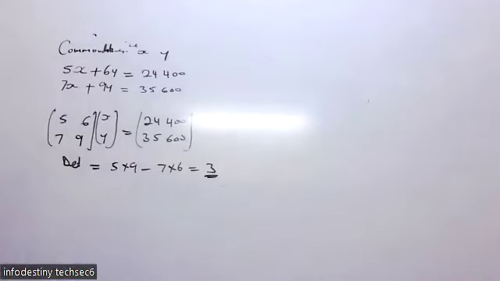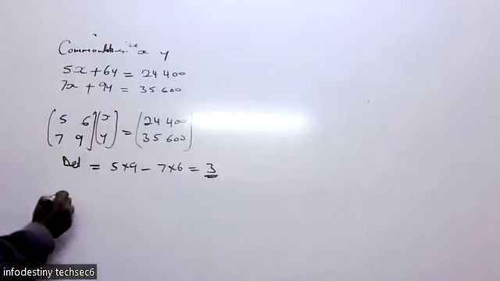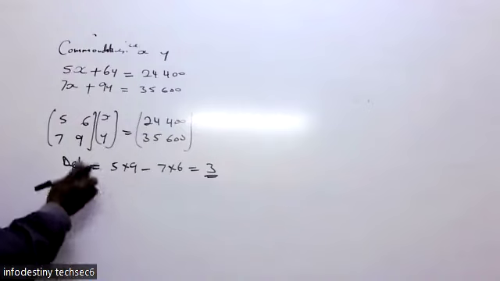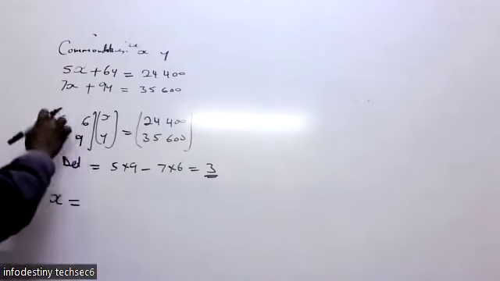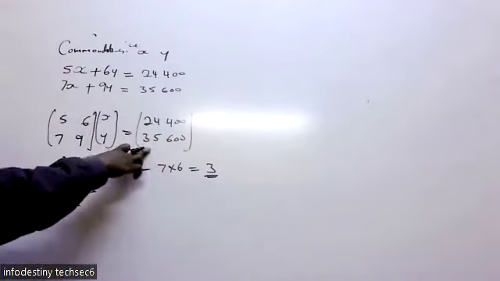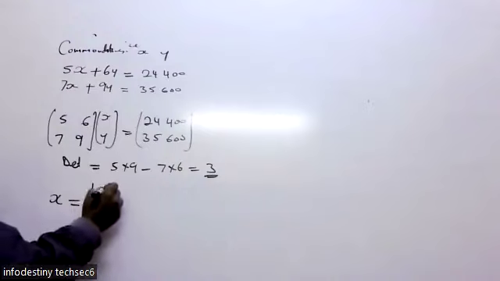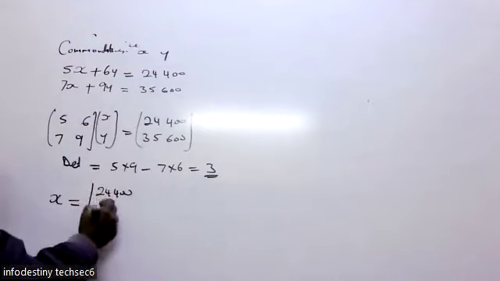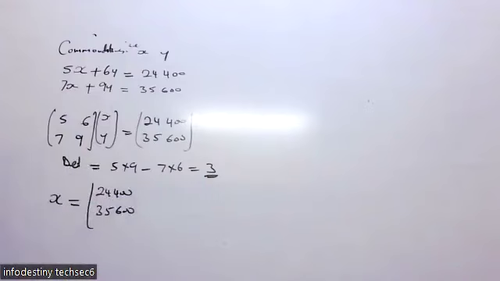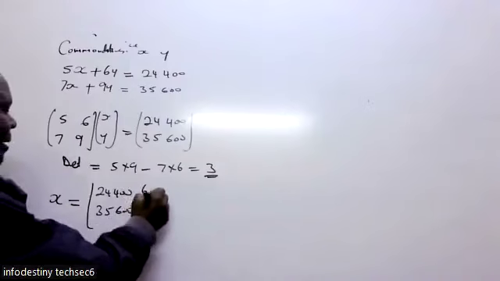Now, when we are using Cramer, in this case we find first the x. We say that x will be equal to, now we replace these particular figures for x with this. We are together. So just open your bracket, 24,400 and 35,600, and then the column for y remains constant, that's 6, 9.